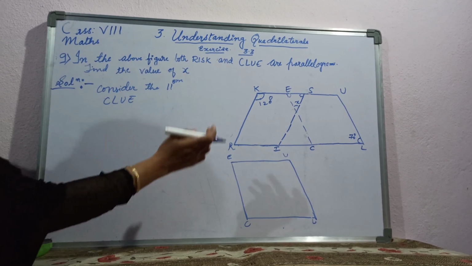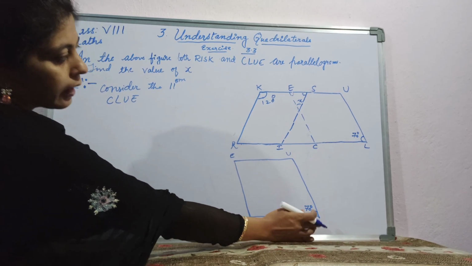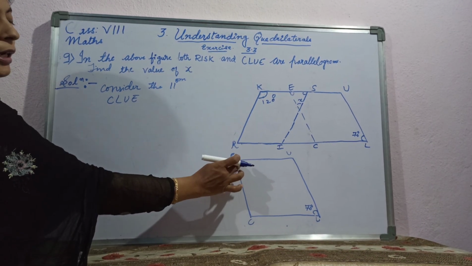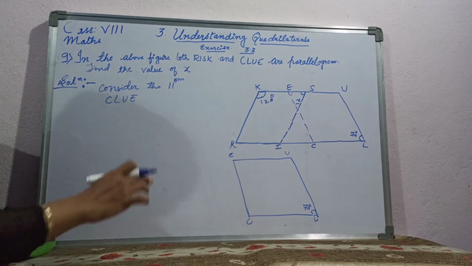In this we are given angle L, whereas we need to find angle E, because our purpose is to go with angle sum property to find x.